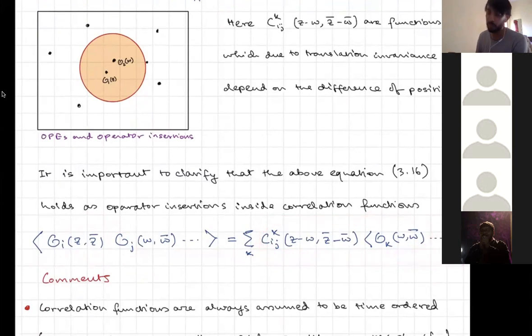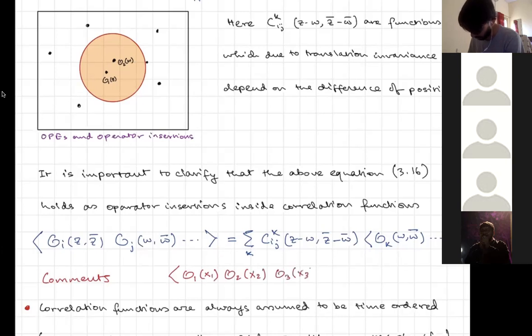For example, say your operators are O1 at x1, O2 at x2, O3 at x3, and you are taking the limit of x1 going to x2.